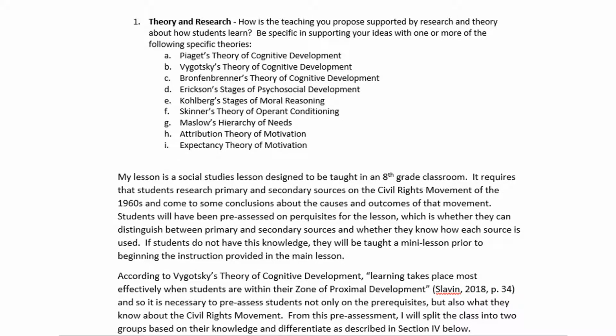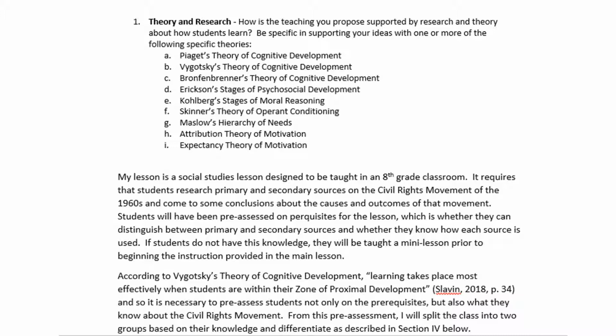So let's take a look at how a response to that question might go. My lesson is a social studies lesson designed to be taught in an 8th grade classroom. It requires that students research primary and secondary sources on the civil rights movement of the 1960s and come to some conclusions about the causes and outcomes of that movement.